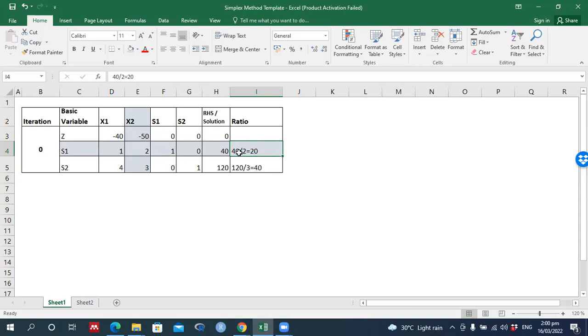We did some ratios here, okay? And we derived 20 for S1 and 40 for S2. So you always pick the row that has the smallest positive ratio value.